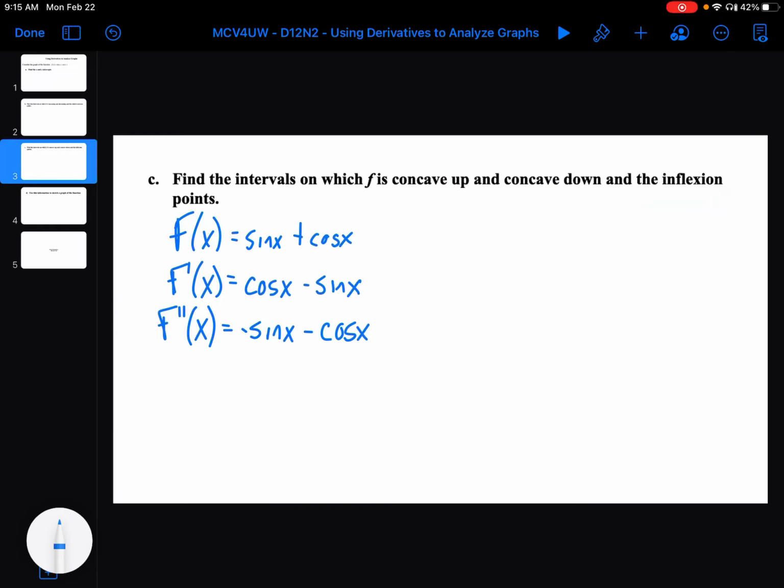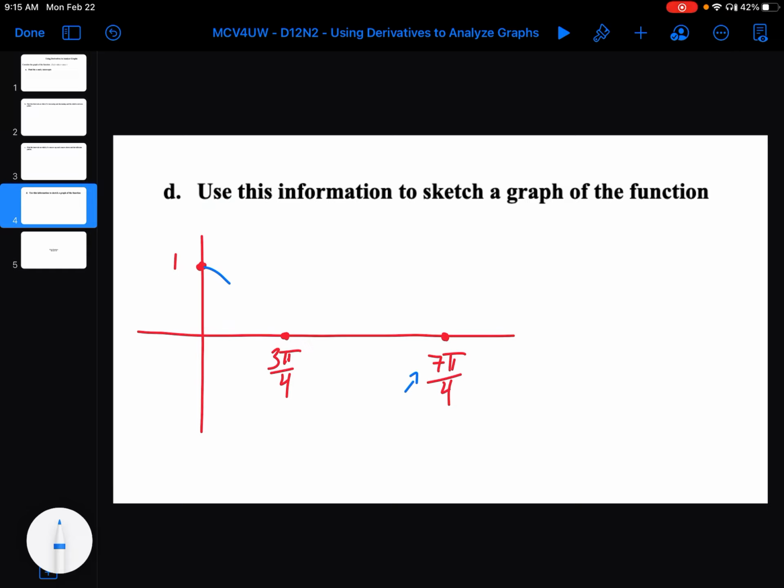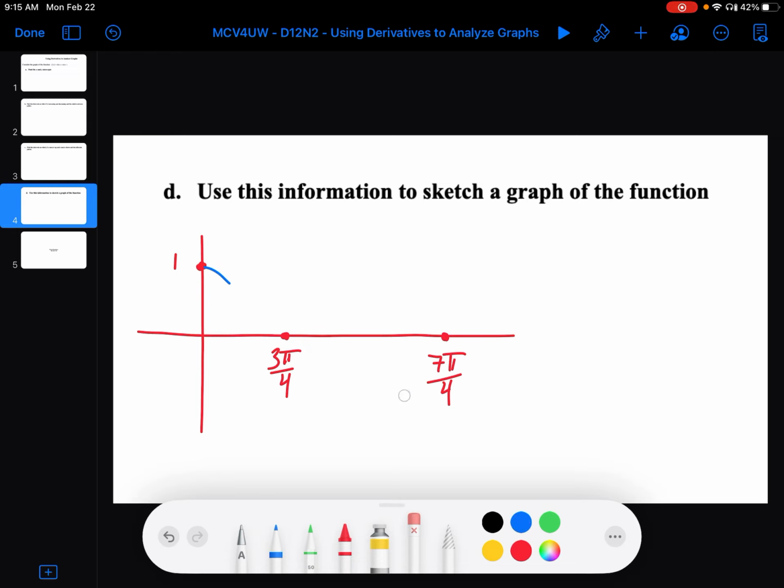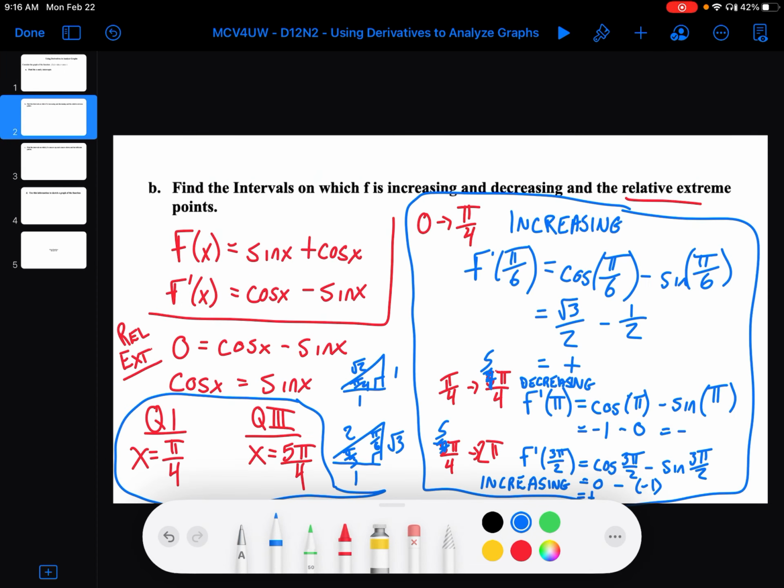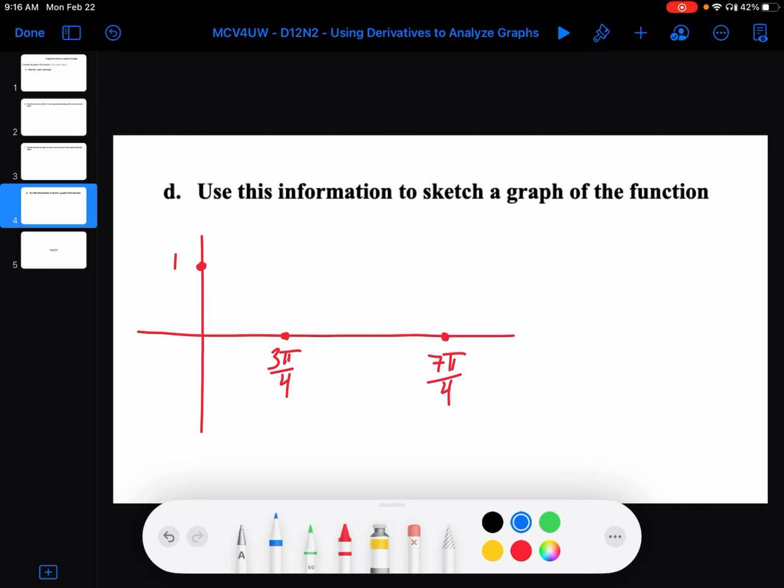Okay, so on our graph then, we've got our relative extrema at pi by 4, which is going to be in this neck of the woods, and 5 pi by 4, which is going to be right there, halfway in between those two.